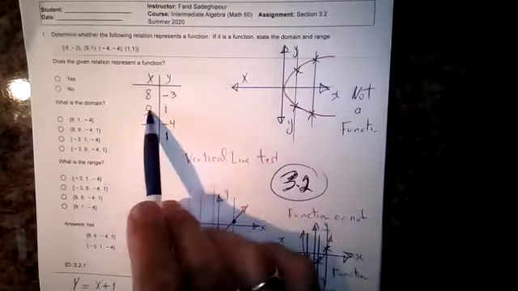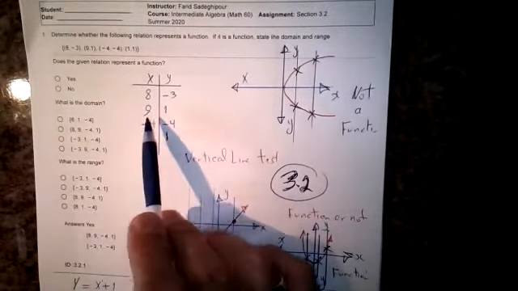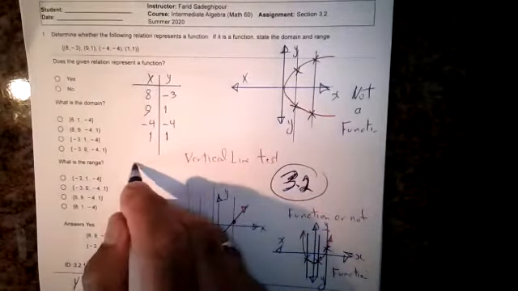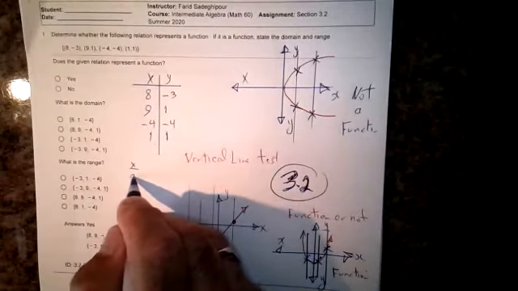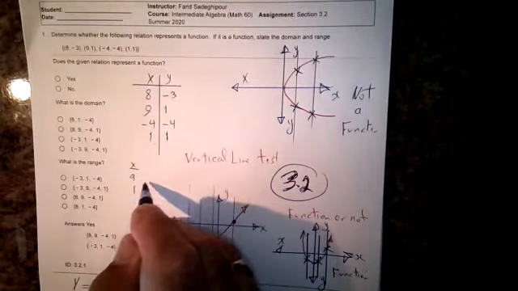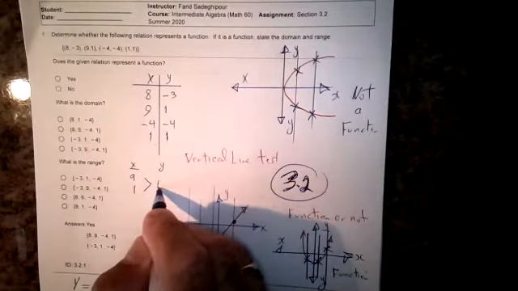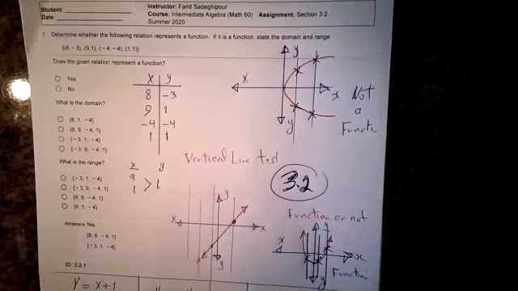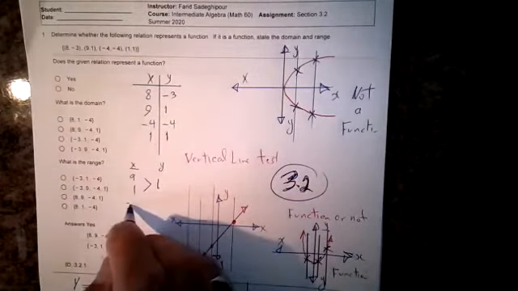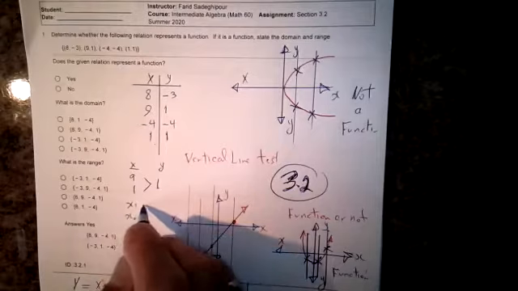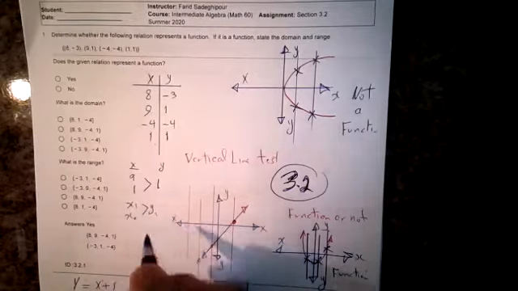Look at the case for these two. When x is 9, or when x is 1, the value of y is the same. For two different x's, you come up with the same y value, right?